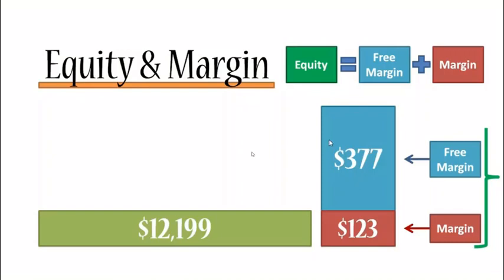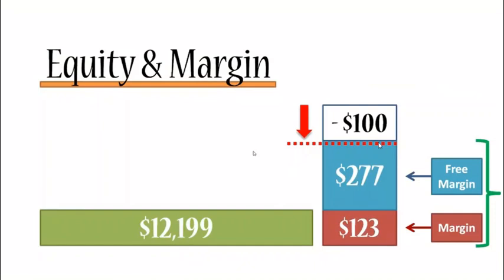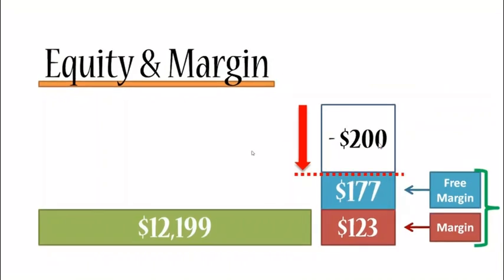So as I've said before, this free margin is the amount that's going to be actively trading. So what's going to happen is, if our account suffers a loss of $100, it's going to be eating into our free margin. So the more our account suffers losses, the more our free margin depletes.